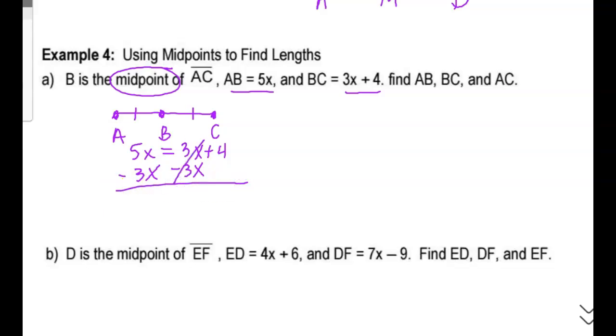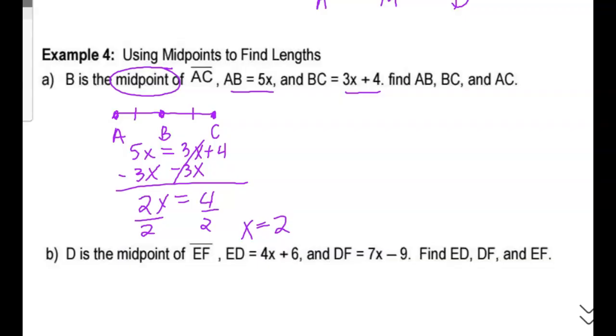It's 2. Good job. Now what are you going to do? 10. How did you get 10? Because I put it in. Put it in where? Which equation?